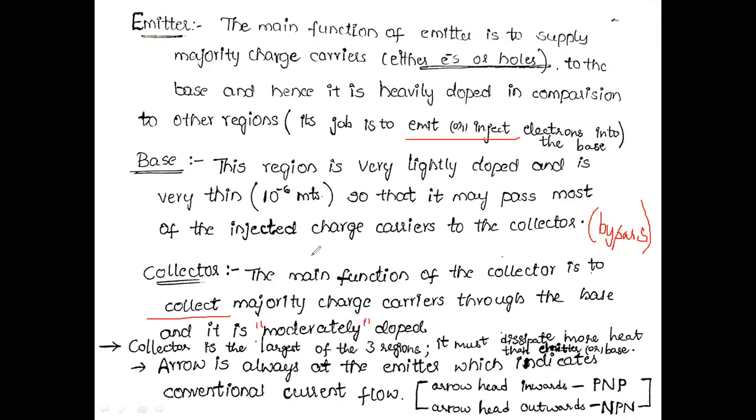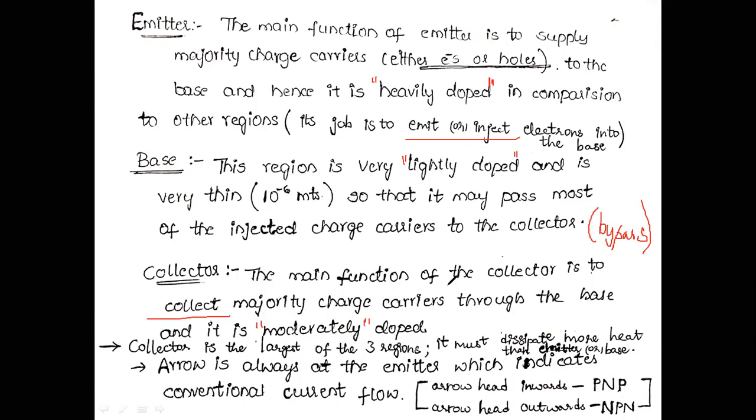The doping level of the emitter is heavy, and its width is moderate. The width is one thing and the doping level is another. The base is lightly doped and its width is very thin, whereas the collector is moderately doped, and its width is high.